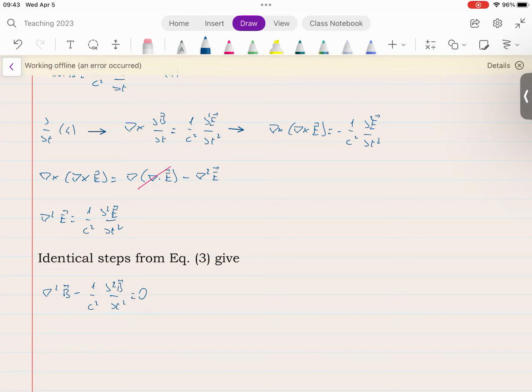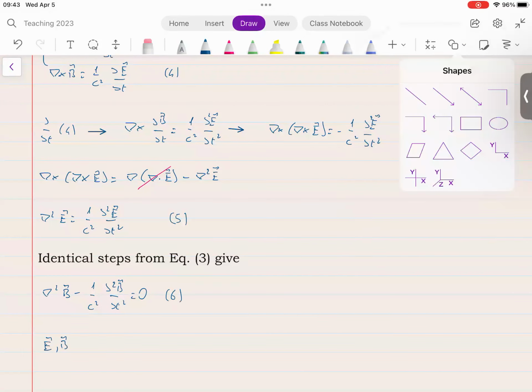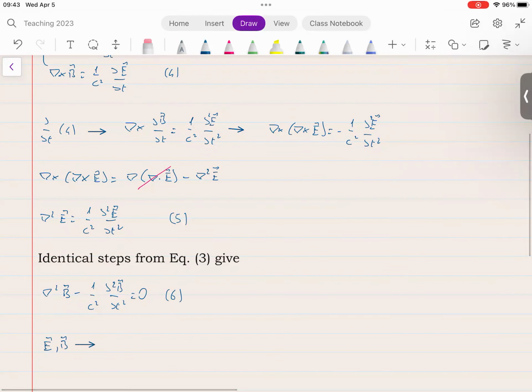Now, these are vector wave equations. And since they're identical, we can worry about solving them only once and replace E or B with a generic scalar psi.